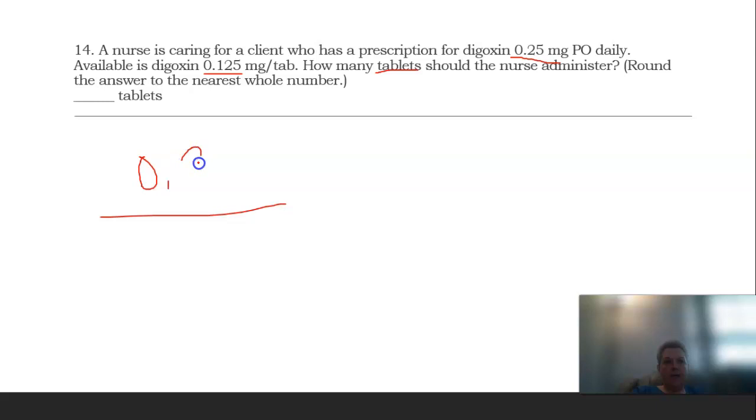How many 0.125s are in 0.25? So if I look at them in my hand, 125 plus 125 should equal my 0.25.